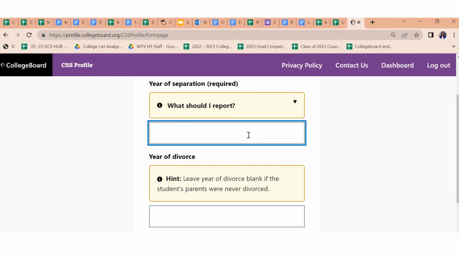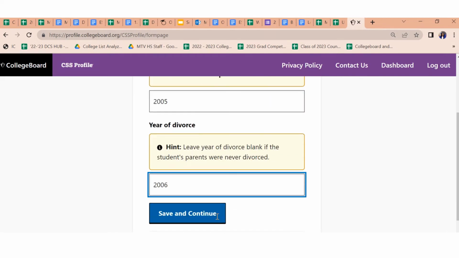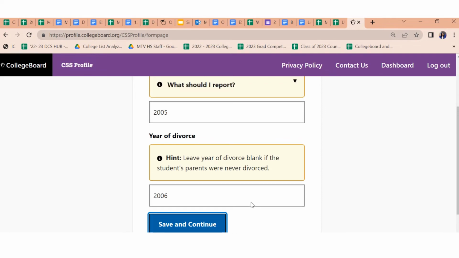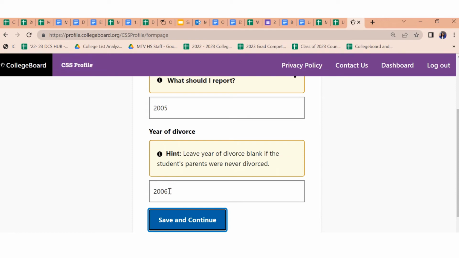You can go ahead and enter that here. In some cases, they may be slightly different, but in many they will be the same. If parents are legally separated but not divorced, you will leave this one blank.